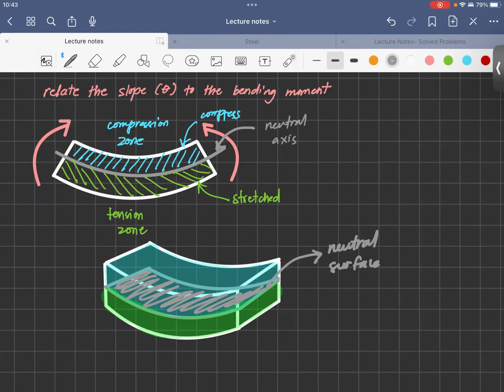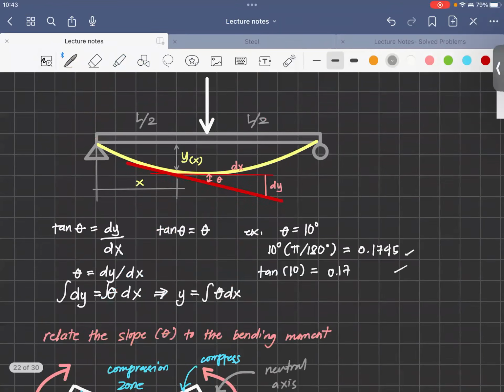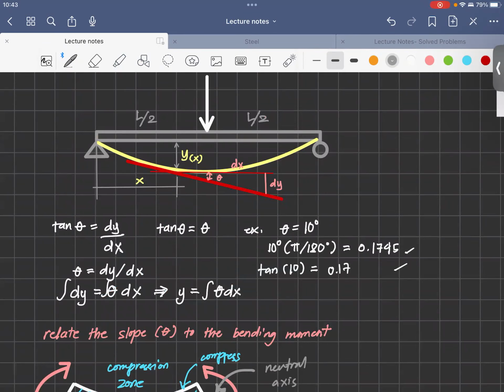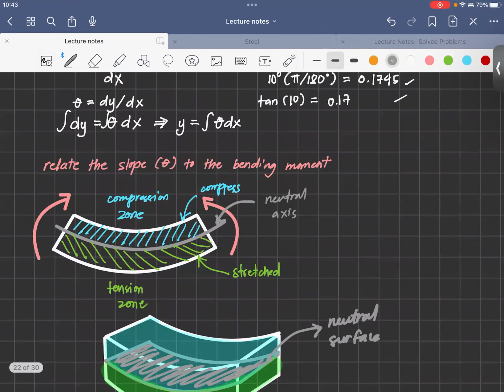If its original length is x, the length of the neutral axis will remain as x. But in the compression zone, the value of its length is no longer x, since it compressed and shortened. In the tension zone, the original shape stretched, or lengthened.